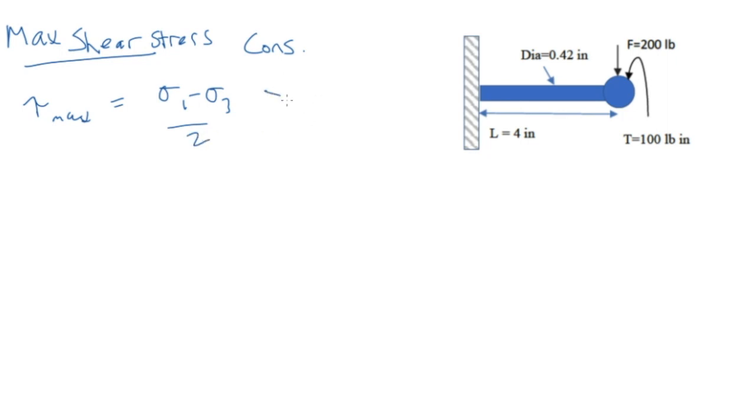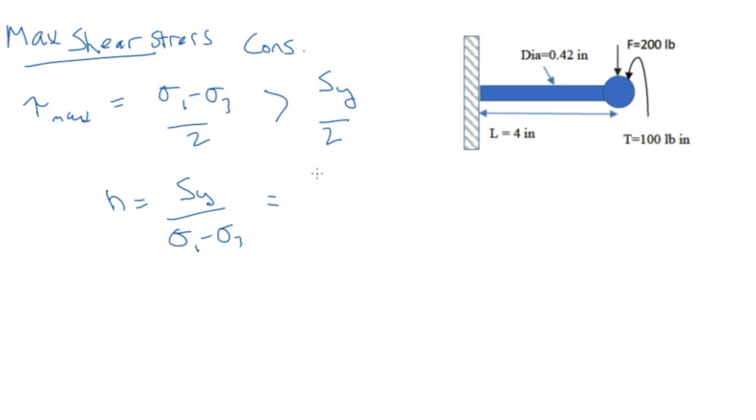And the failure theory is that it must be greater than the yield strength that's done in tension divided by 2. So in order to calculate the factor of safety, we have the ratio of that yield strength to sigma 1 minus sigma 3, the two principal stresses.